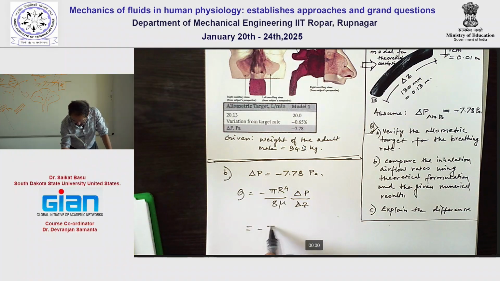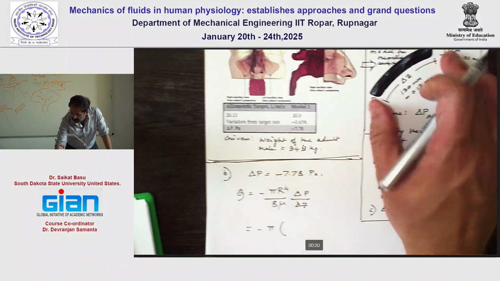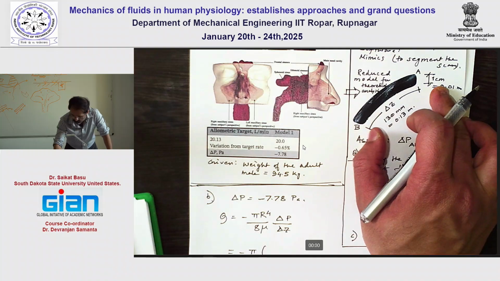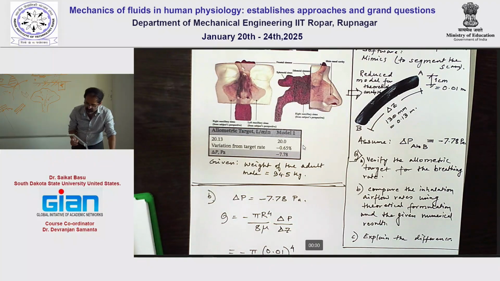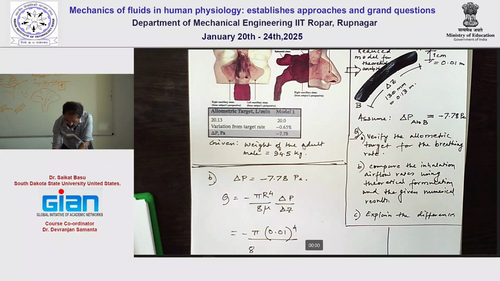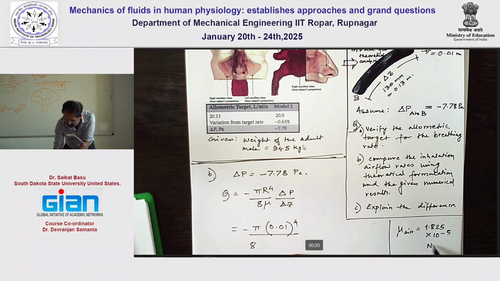So minus pi, the radius is 0.01 meters, so 0.01 to the power of 4, by 8. The mu is not given to us, so let's write it down. We can use the same value that we have been using, which on the lecture notes is 1.825 times 10 to the power of minus 5 Newton second per meter square.